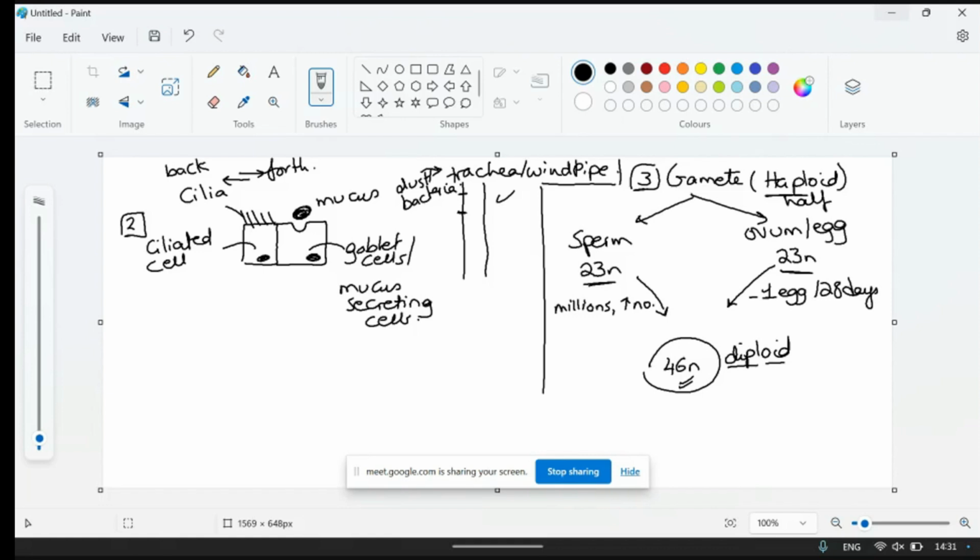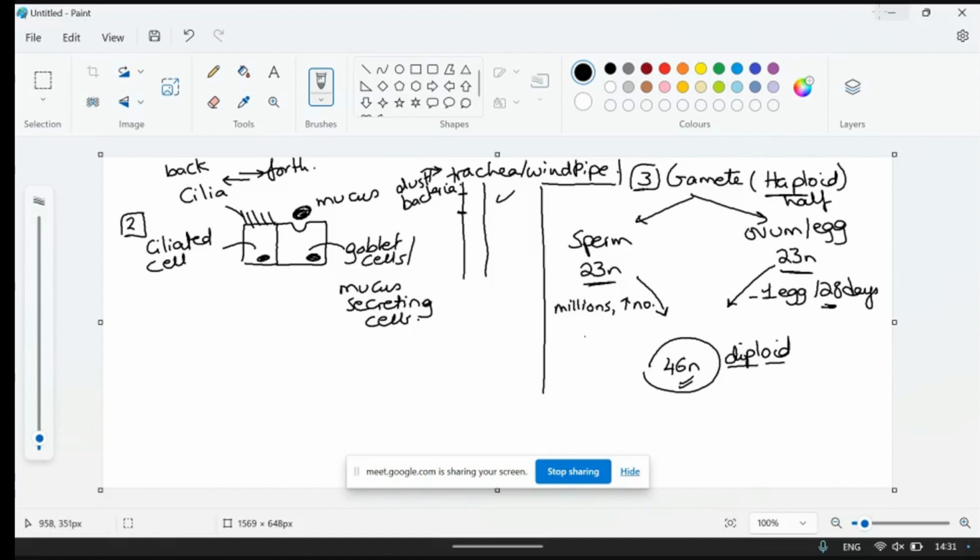I'm not talking about twins, or some special cases. So every 28 days, one of the ovaries produces one egg cell. One ovary is going to work this month, and the coming month it will take a vacation, and the other one will work the coming month, and this month it takes a vacation.